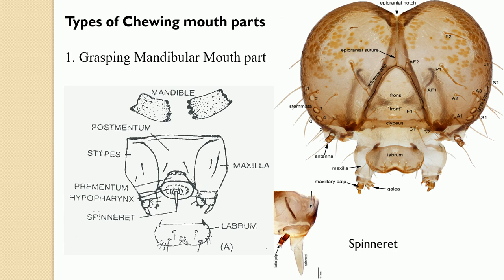So for that purpose, this spinneret is very important, which is a hollow spine-like structure, and at the extremity it has an orifice of the silk gland. Now, such a type of mouth parts is found only in lepidopteran larvae, which spin a silken cocoon around themselves to undergo pupation. So this is about the first subtype of the chewing mouth part, that is grasping mandibular mouth part.